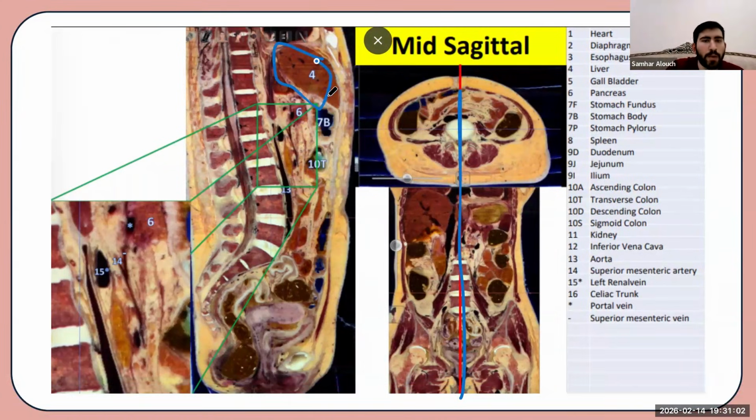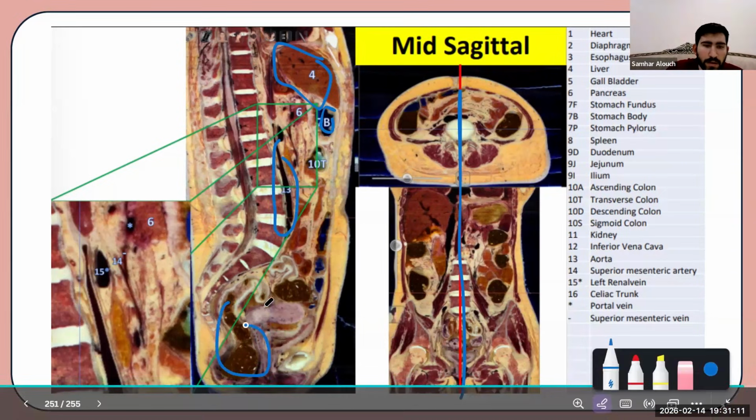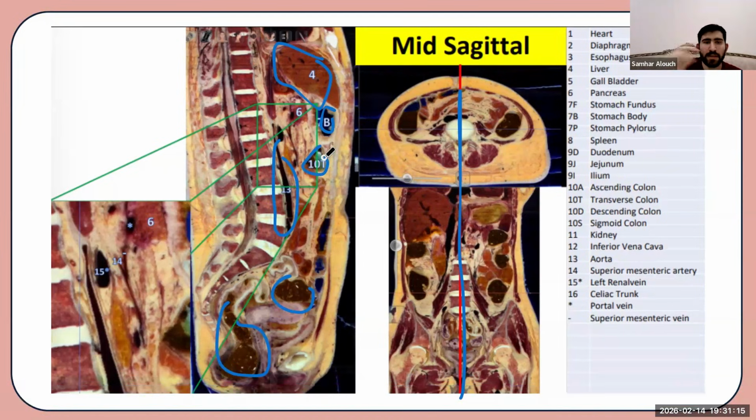This is gonna be the liver. What's here? What's next to the liver? This is gonna be stomach. What's this lumen going all the way? That's esophagus. What's this under the stomach? It's gonna be a pancreas. Like if you cut someone in half, just think what is gonna be in half? Liver, stomach, pancreas.